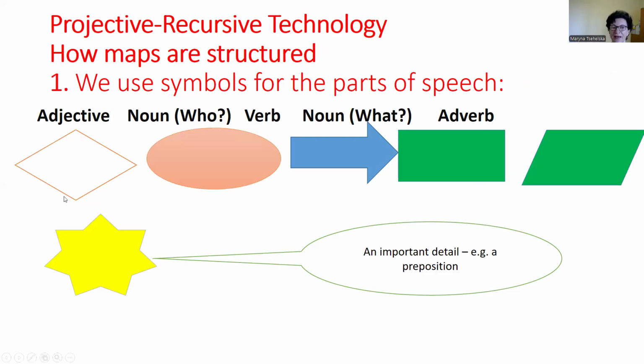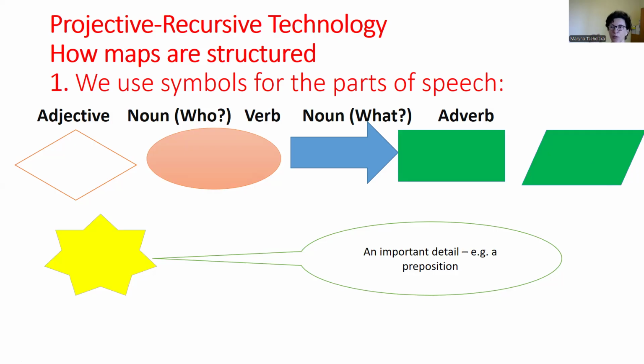We have a diamond, or rhombus, for an adjective, an oval for a noun, an arrow for a verb, a rectangle for another noun, and a parallelogram for an adverb, and we also have an arrow for an important detail.